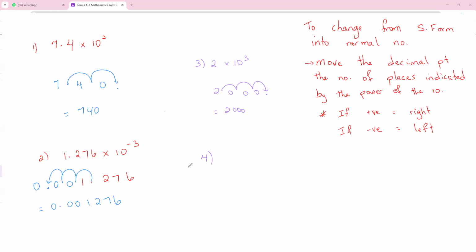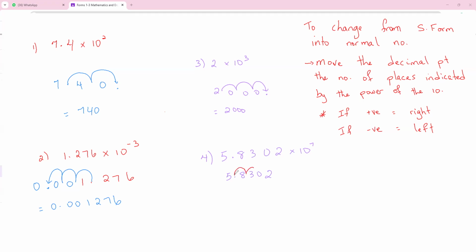One more. Let's say they gave you 5.8302 by 10 to the power of 7, right? So you rewrite your number, move your point the number of places to the right.